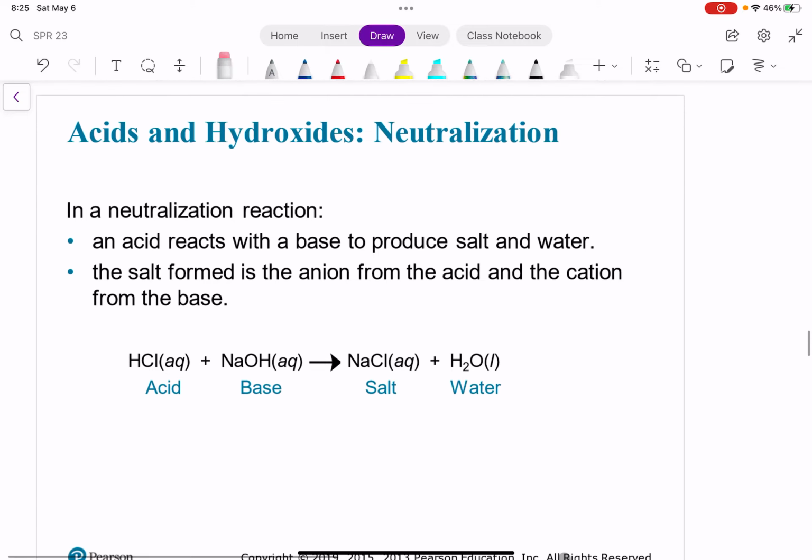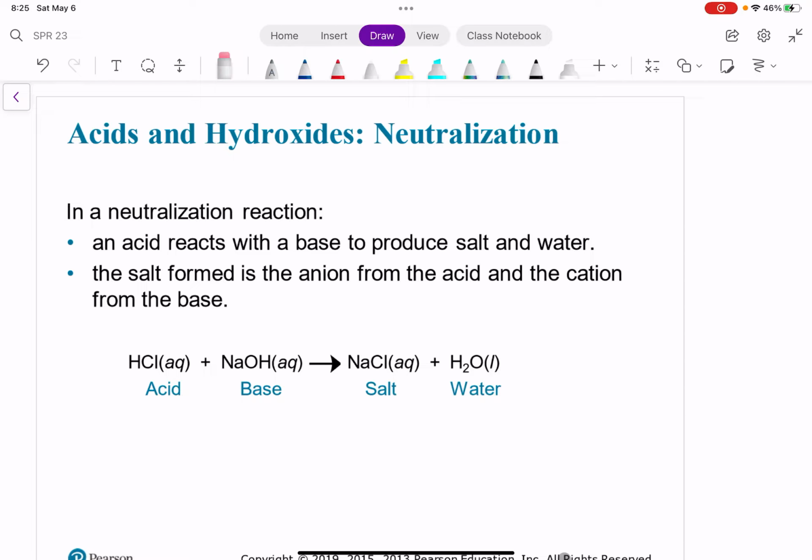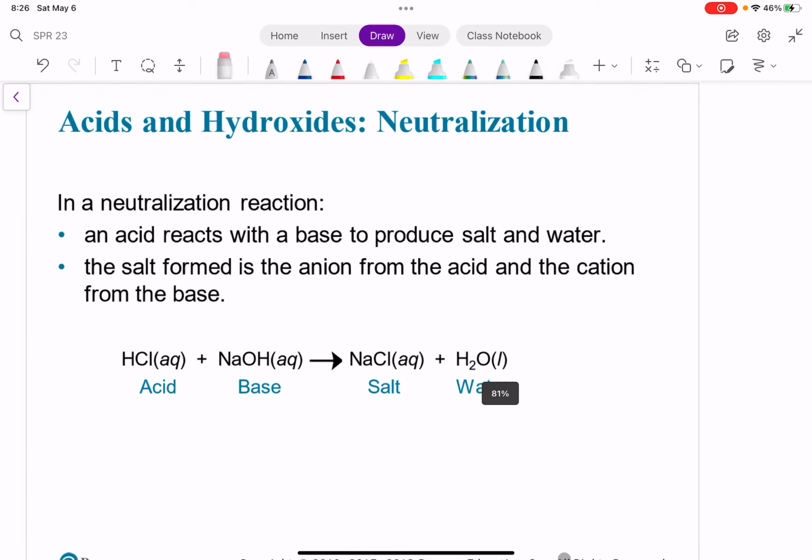So when acids and hydroxides react together, acids and bases, we get what's called a neutralization reaction. In a neutralization reaction, the acid reacts with the base to produce salt and water. The salt that's formed is the anion from the acid and the cation from the base. So what type of reaction is this?